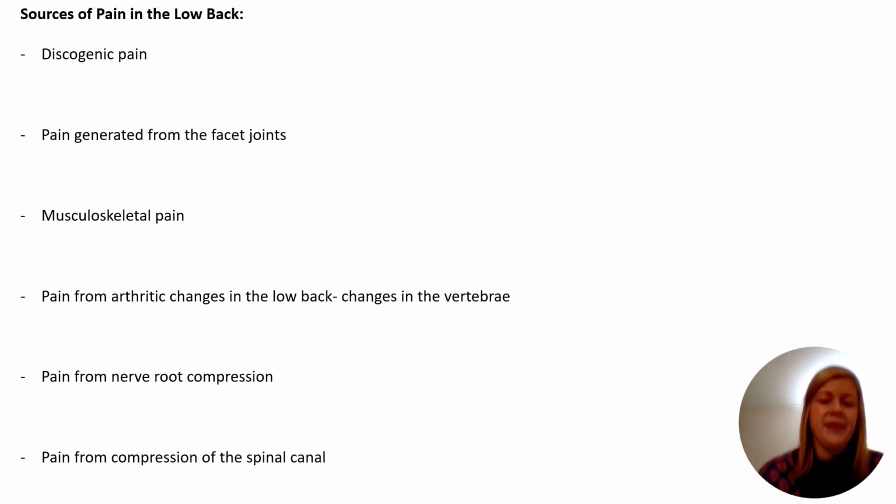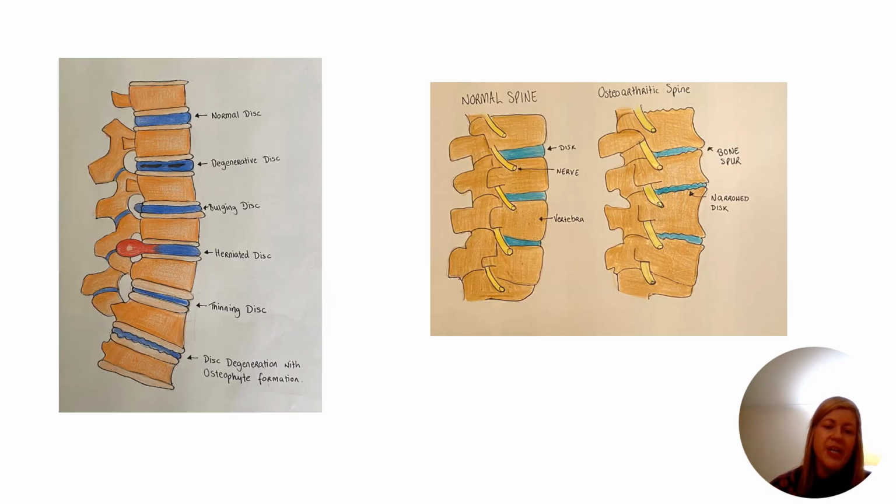So when we think about the sources of pain within the lower back, we can think about discogenic pain, pain generated from facet joints, musculoskeletal pain, pain from arthritic changes in the back, pain from nerve compression, and pain from compression in the spinal canal. So I just put this up here to show us again what normal and abnormal looks like.